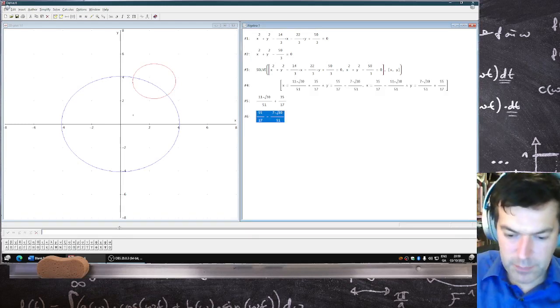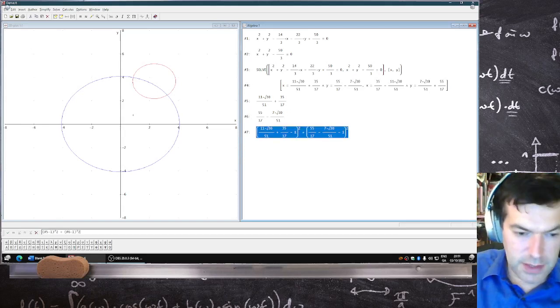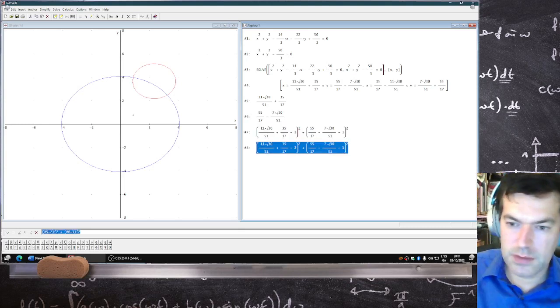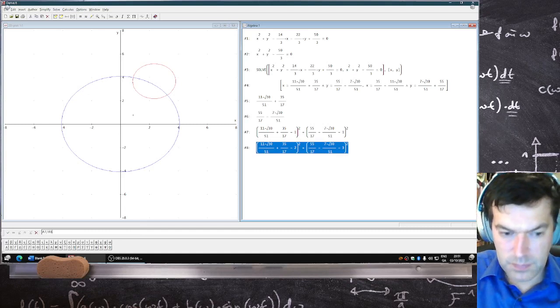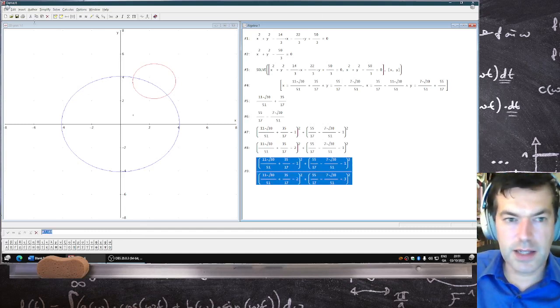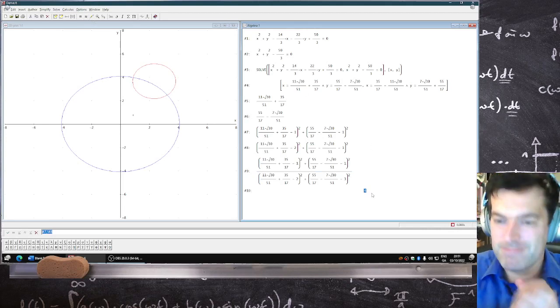Okay, so let's see. x minus 1 squared plus y minus 1 squared, and then we'll do the same with 2, 3. And we'll divide them and calculate. Oh, here we go. Nice, 4, which is 2 squared.